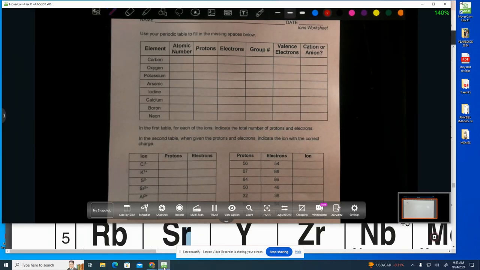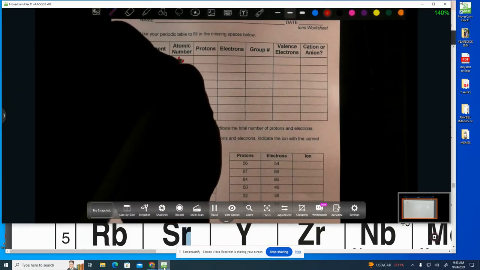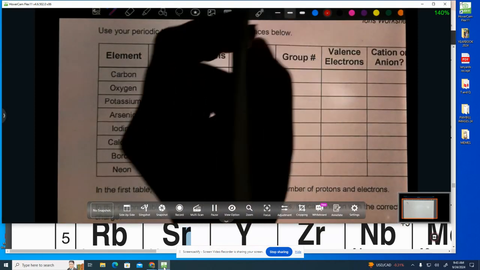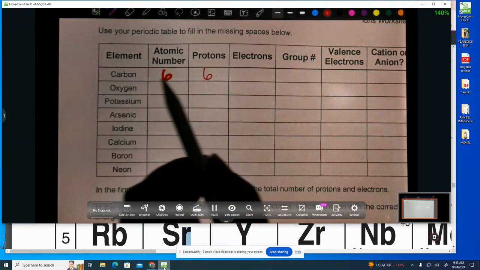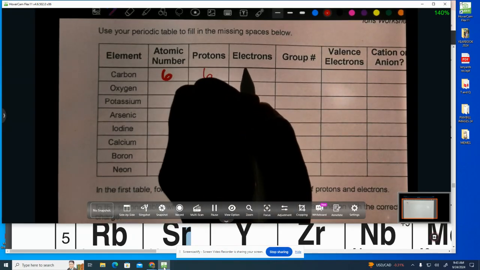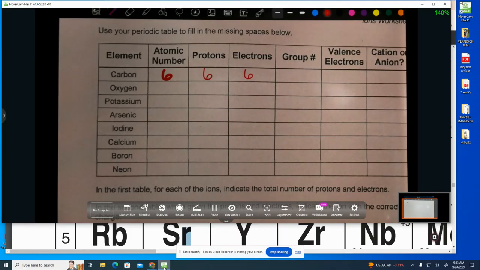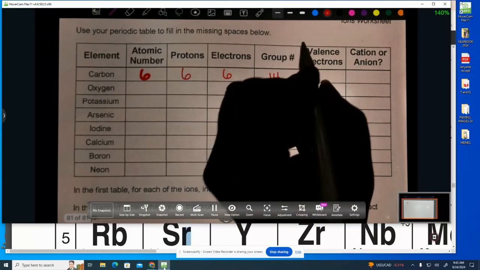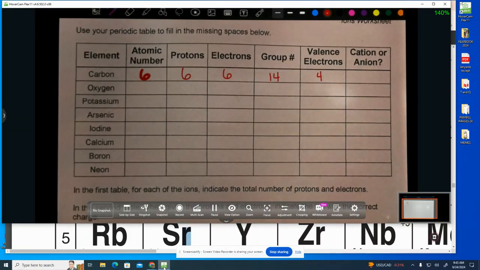Okay, how many protons, or what is the atomic number of carbon? 6. Okay, I'm going to zoom in and make my pen a little bit smaller. These are atoms. Okay, if they have 6 protons, they have 6 electrons. Find carbon. What group number is it in? 14. Good. How many valence electrons does it have? 4. Okay.